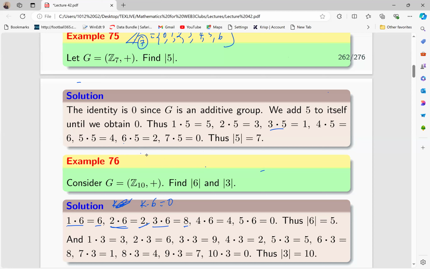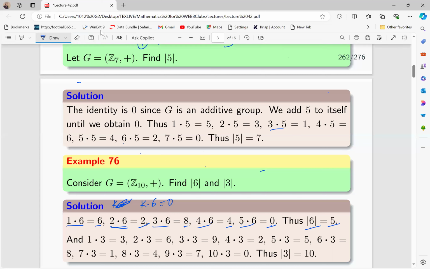And then, until we get 0, 4 times 6 would be 24. Divided by 10, the remainder is 4. 5 times 6 is 30. Divided by 10, the remainder is 0. So 5 times 6 gives us 0. In other words, the order of 6 is 5.